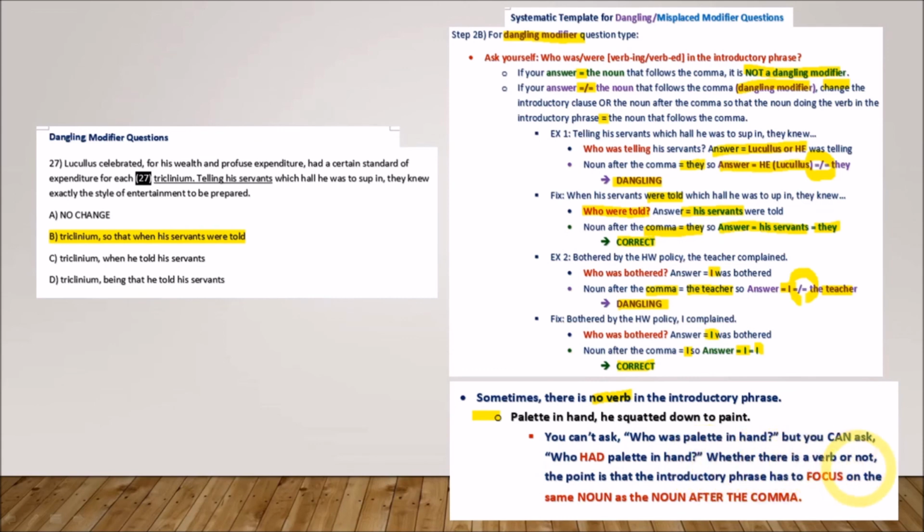So whether there is a verb or not, the point is that the introductory phrase has to focus on the same noun as the noun after the comma. Since he is the one who had the palette in hand, this is not a dangling modifier.